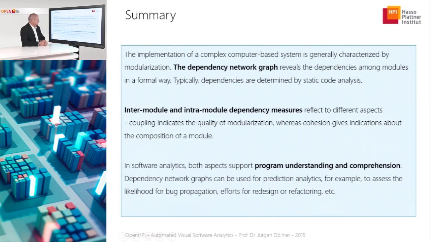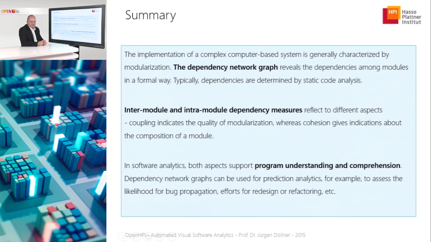Intermodule and intramodule dependency measures, coupling and cohesion, reflect different aspects of the quality of the dependencies. Coupling indicates the quality of modularization, whereas cohesion gives indications about the composition of a module.